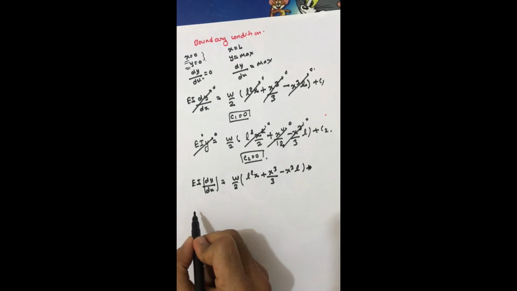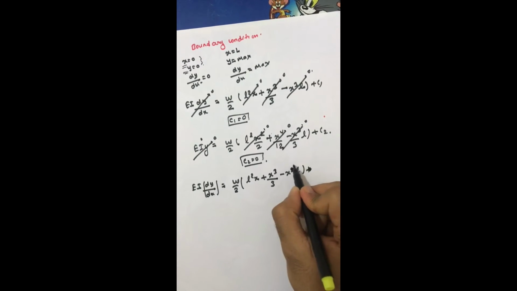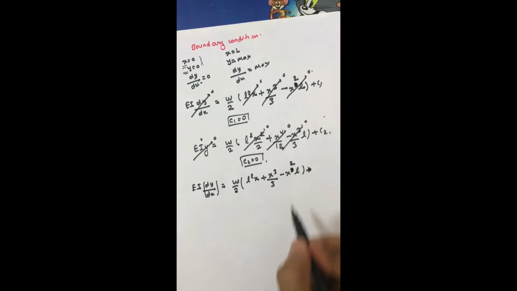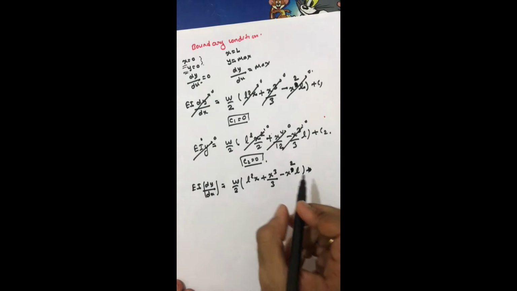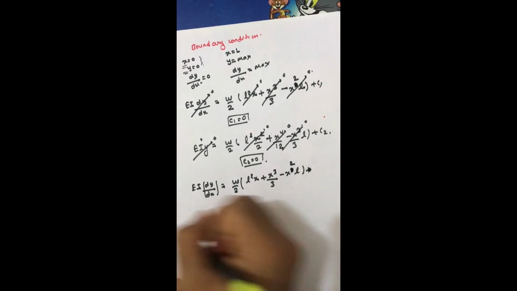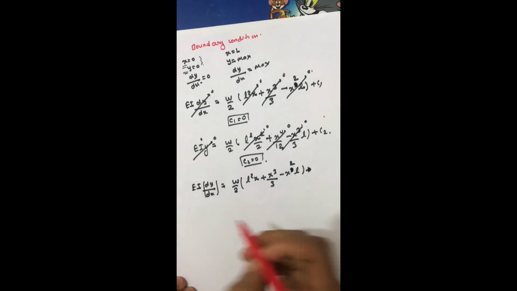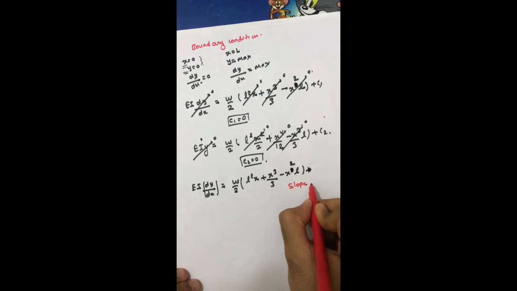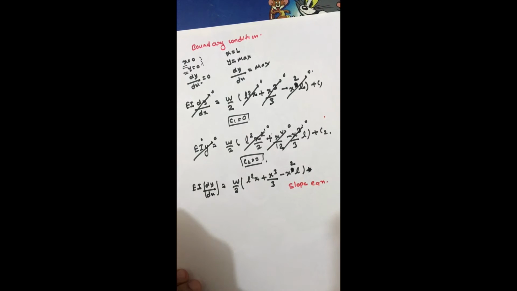Now I have to find the maximum. Sorry, this is not a cube, this is a square, here also it will be square, sorry for that. Now this equation is also known as the slope equation.